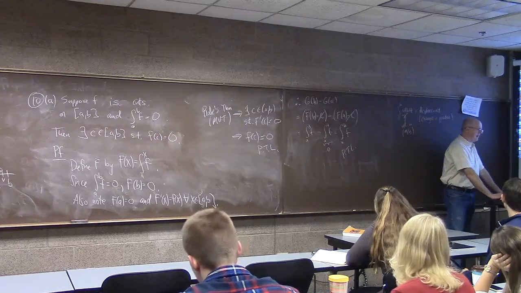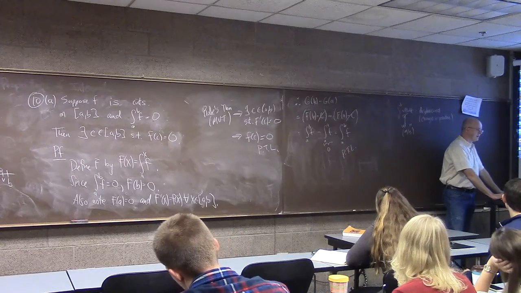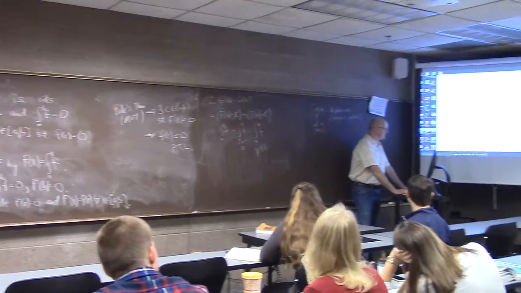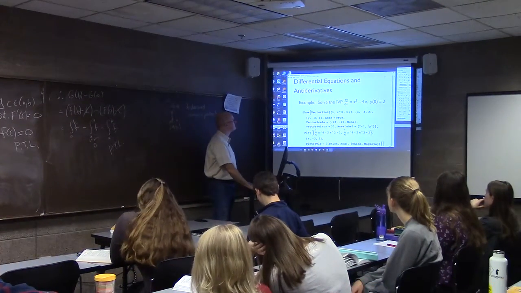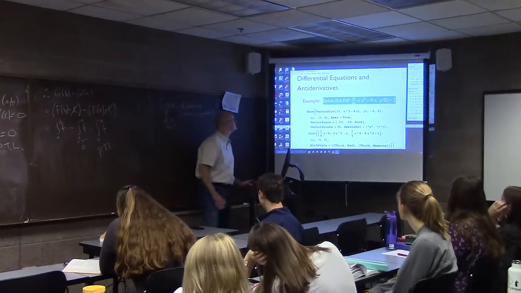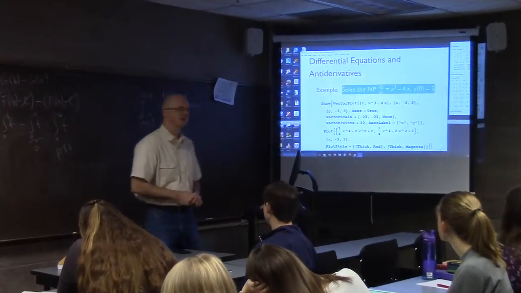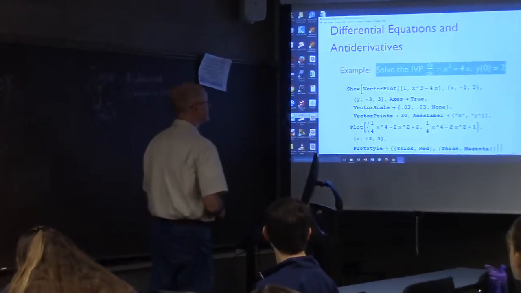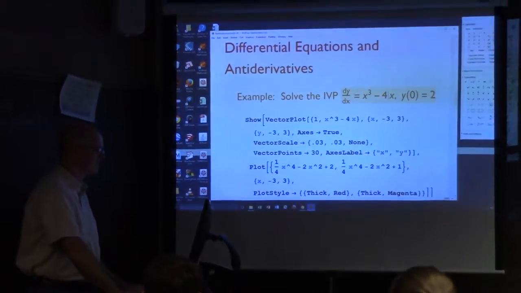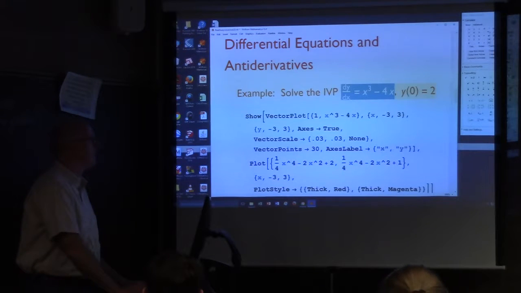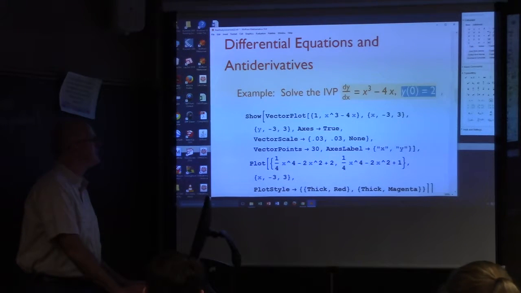Now, another area of application of this stuff is to differential equations. Some differential equations are easy to solve. There's a differential equation: dy/dx equals x cubed minus 4x, with y of 0 equals 2.